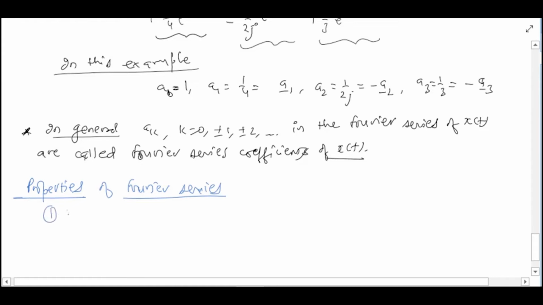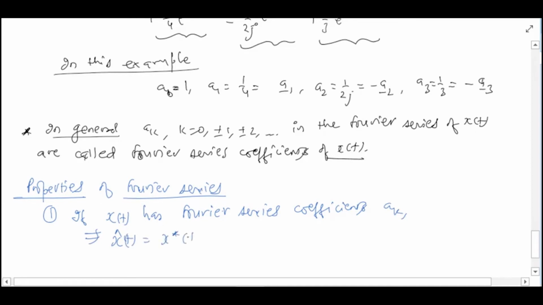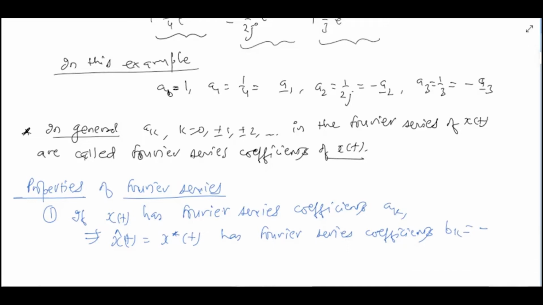The first property is, if x(t) has Fourier series coefficients a_k, then x hat(t), which is x star(t), the complex conjugate of x(t), has Fourier series coefficients b_k equals a minus k complex conjugate.